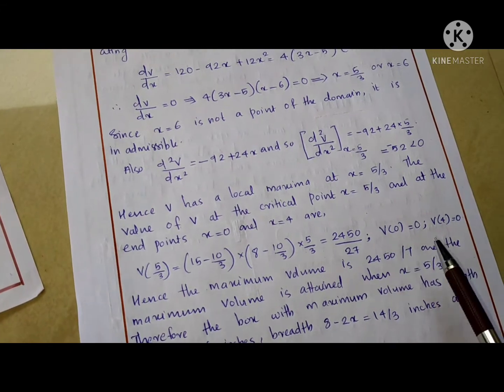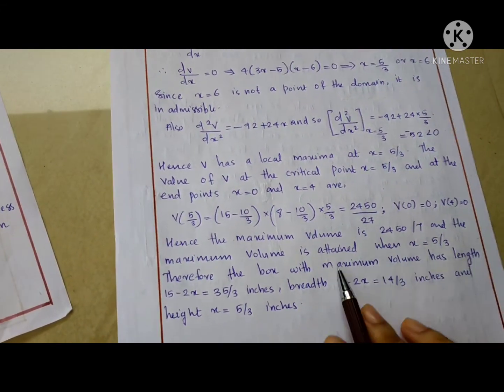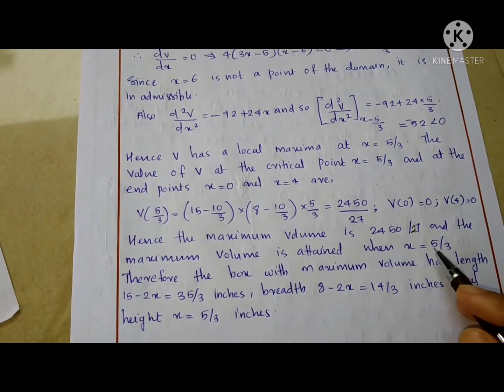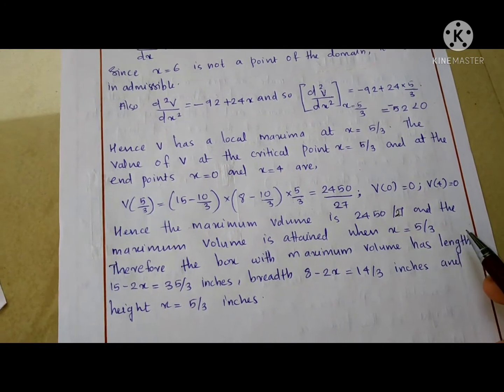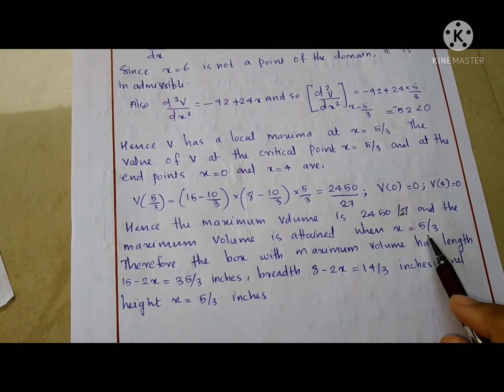V of 0 is equal to 0, V of 4 is equal to 0. Hence, the maximum volume is 2450 by 27, and the maximum volume is attained when x equal to 5 by 3.